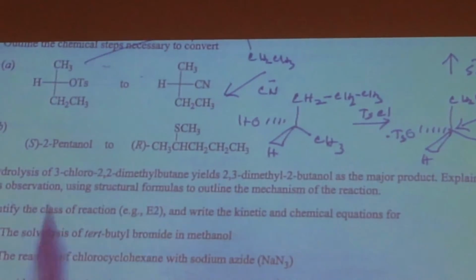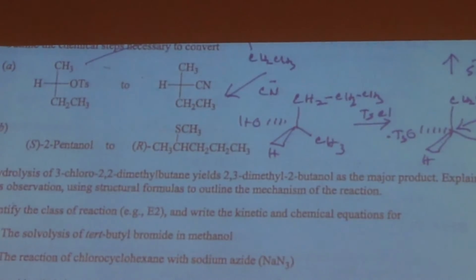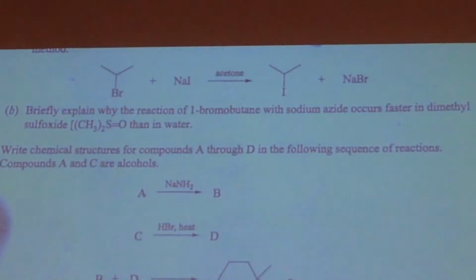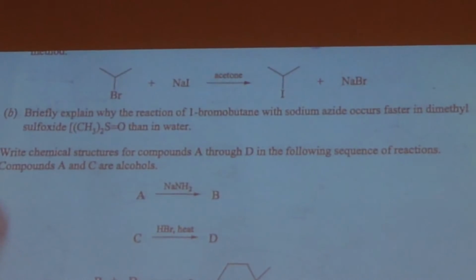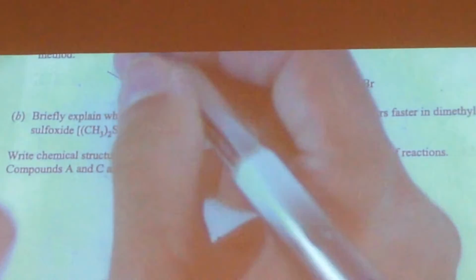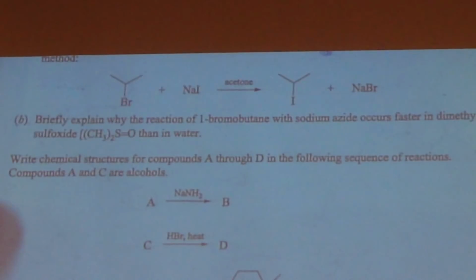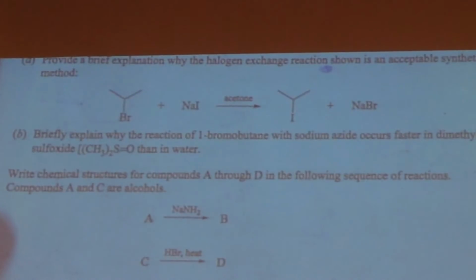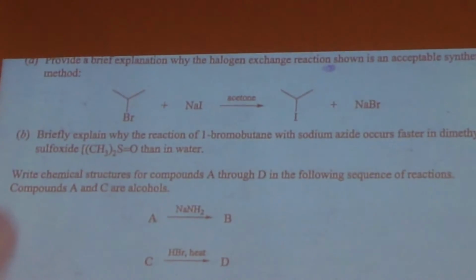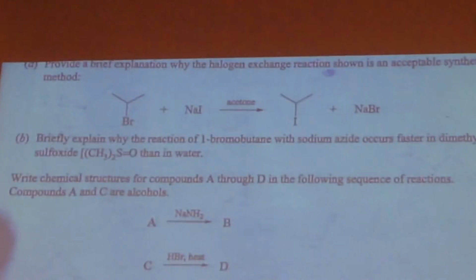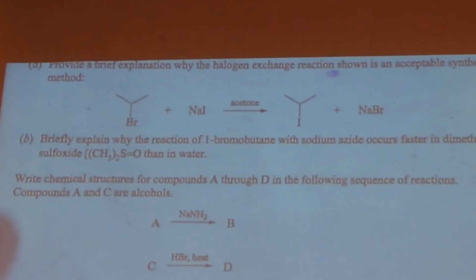All right, so let's write the structure of 3-chloro-2,2-dimethylbutane. Okay, so this is the compound that we started with. Sorry, let me rewrite that.